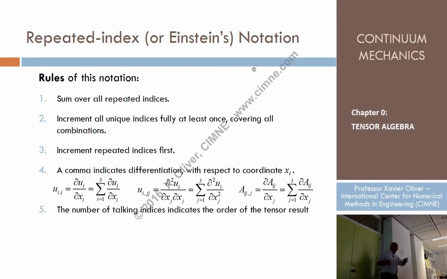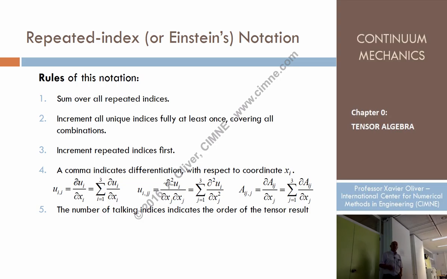The index notation: sum over all repeated indices, there are mute and talking indices, and it's extended. Many times you see, what happens if we have a derivative of u_i with respect to x_i? In that monomial, i is also repeating.